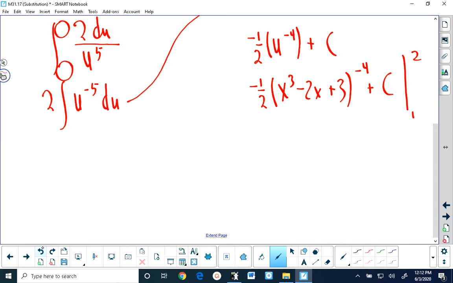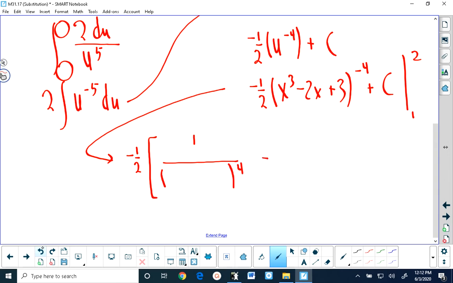All right, so now we're ready to evaluate this. I have negative 1/2. That's just the constant, so I'm going to leave it out. Then we have x cubed minus 2x plus 3 to the negative 4. That is 1 over that quantity to the positive 4. And I'm going to have to calculate it at 2 and at 1 and subtract them.